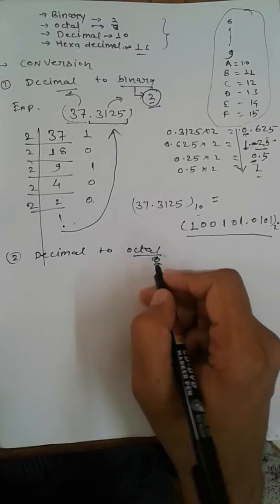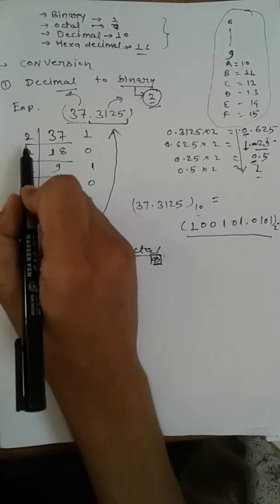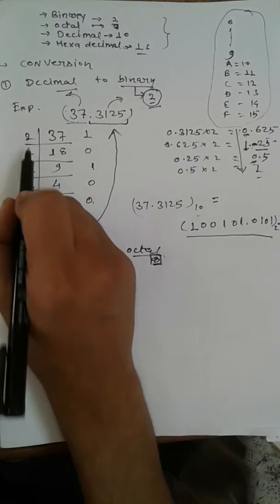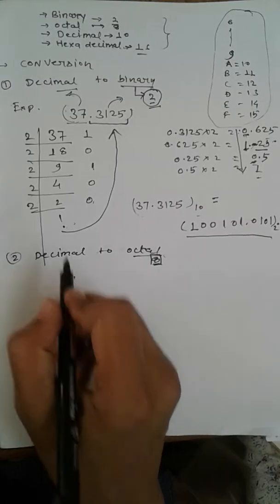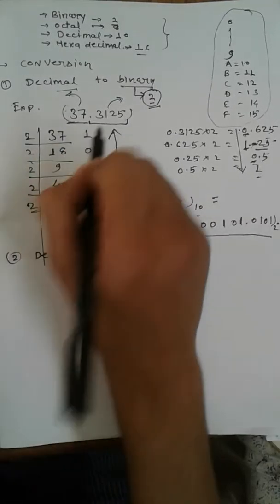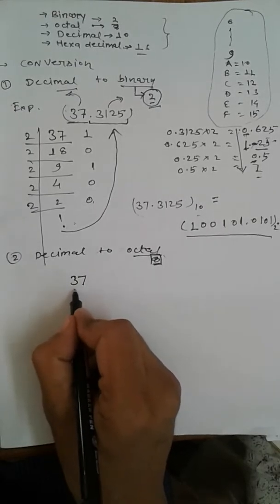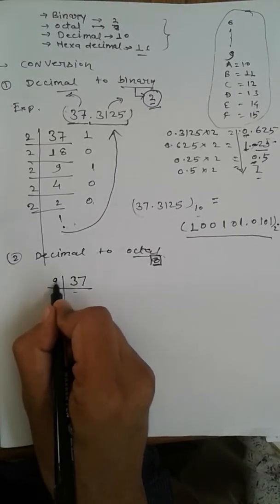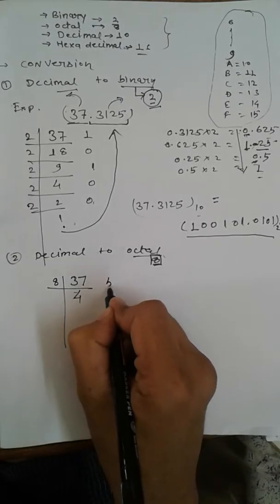We have to divide by 8, and we go separately on the integer and the fraction. Firstly 37 divided by 8 is 4 times, and the remainder is 5.